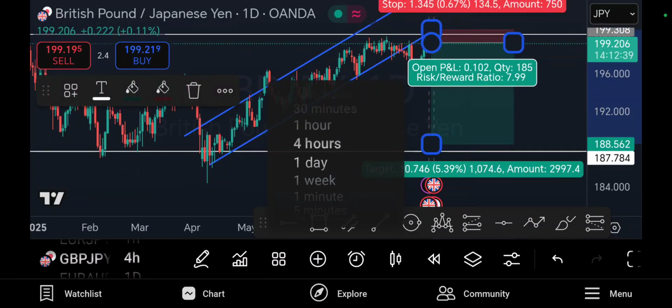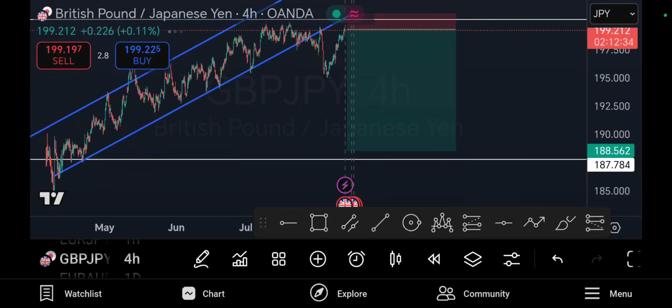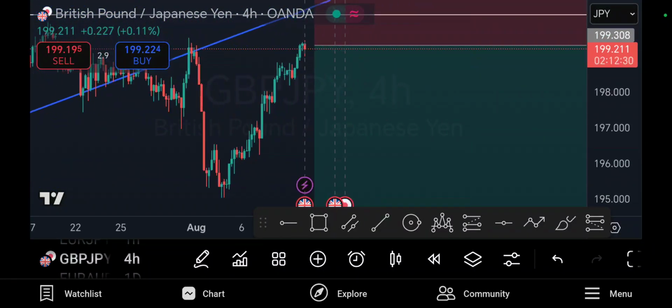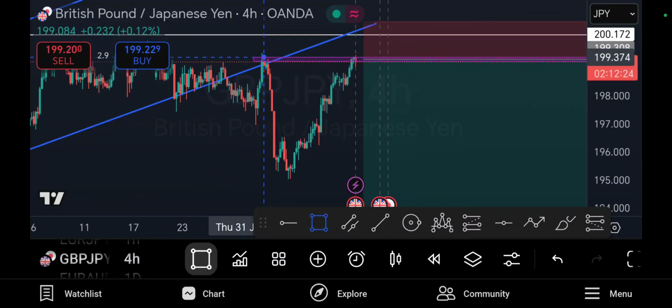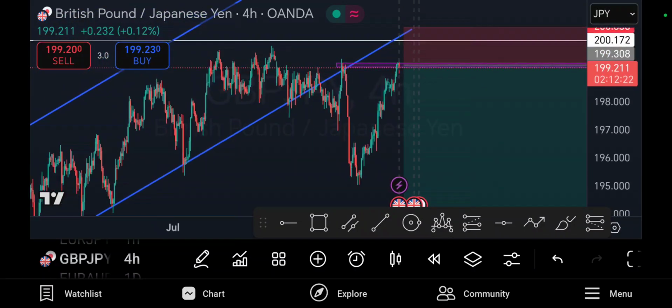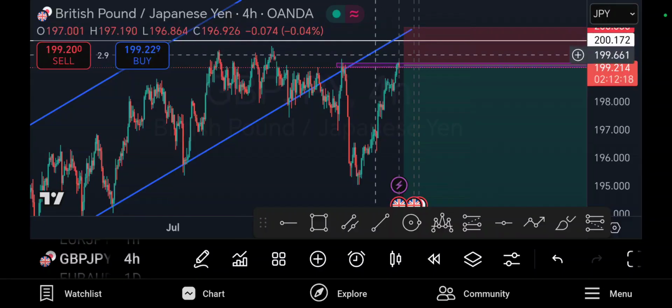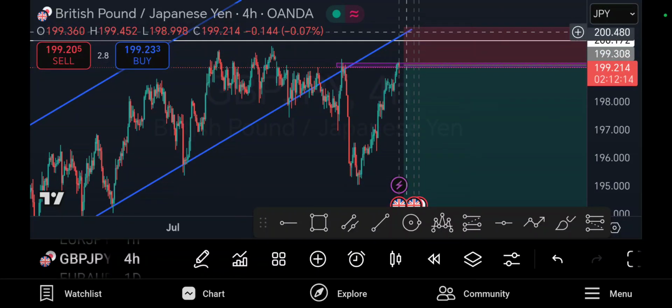Go to the 4 hour. We catch ourselves from there. There's really not much to say because we can see that there's a zone there and it's at that zone now, which is basically retesting this, and that's what you should understand.